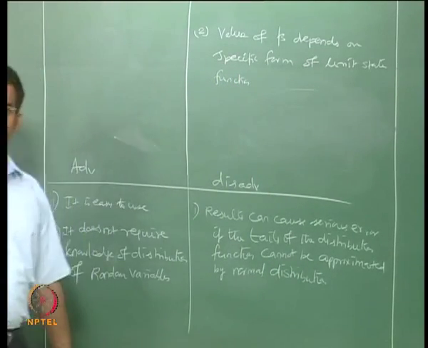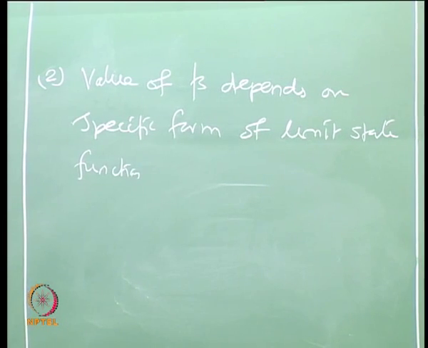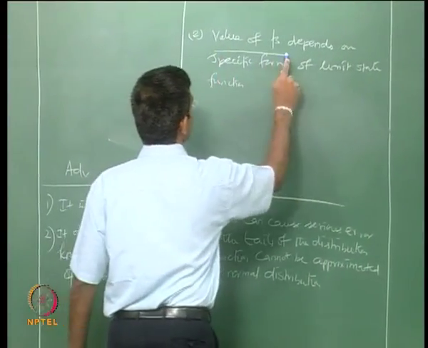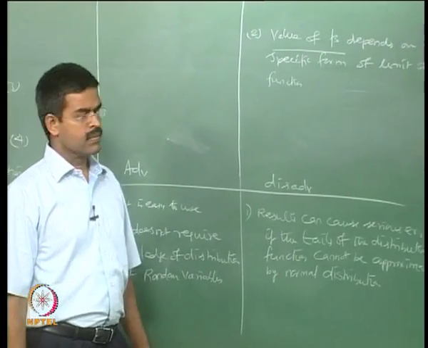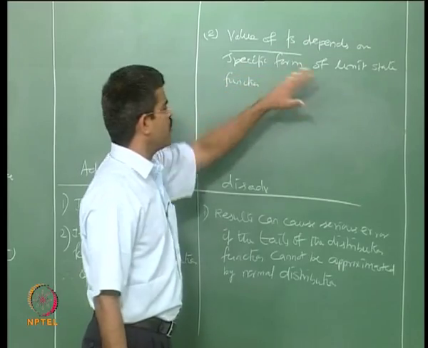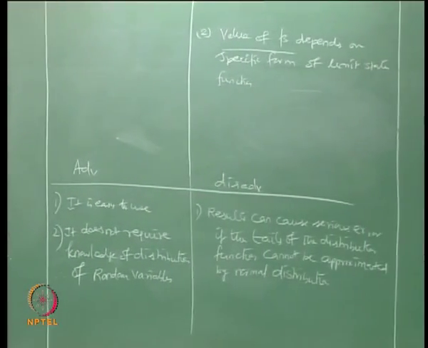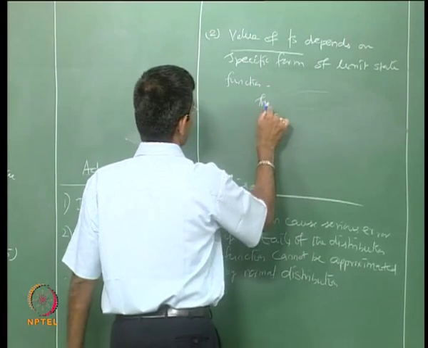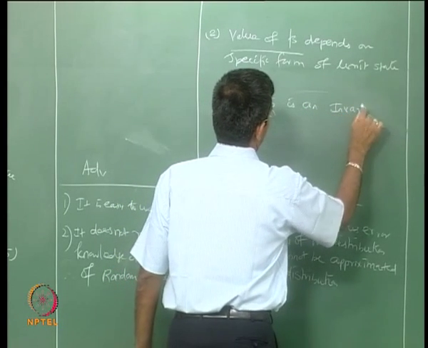As in this case you have seen that you are considering only the first order approximation of the Taylor series expansion, so it depends upon the specific form. That is very, very important, and it is why advanced FOSM was introduced. The value of the reliability index depends only on the specific form of the limit state function; it is form dependent. This is what we call an invariance problem.